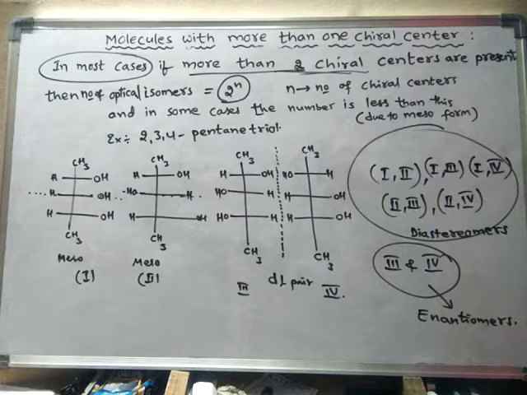Okay, so there will be a counter to calculate. There is a formula to calculate the number of optical isomers. We will learn the formula now.